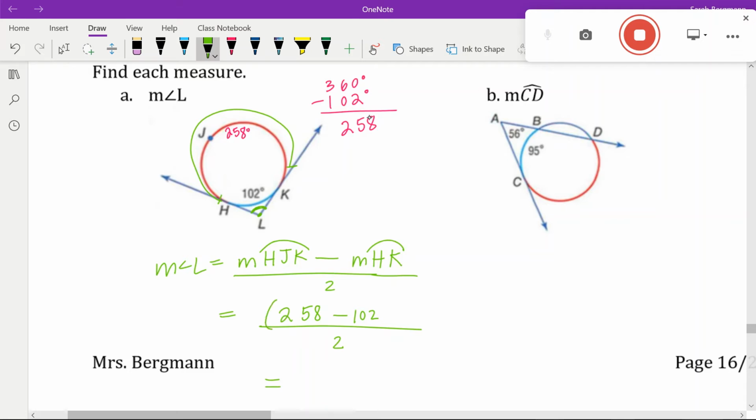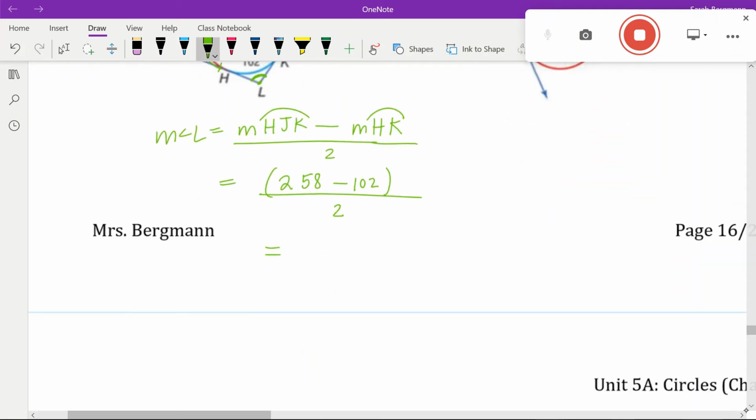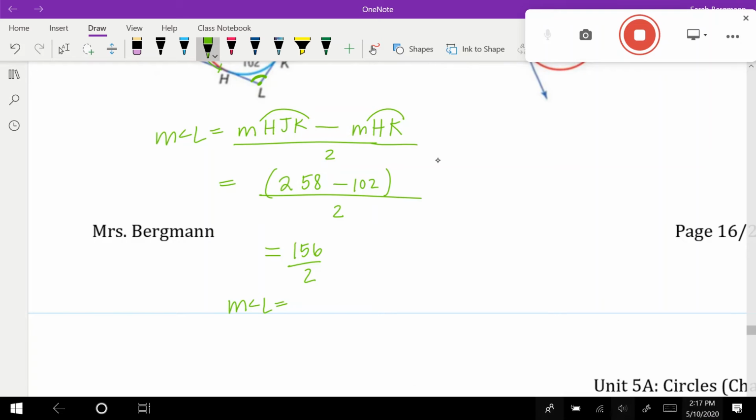Make sure you always do the subtraction first before division. Remember, there's technically a parentheses around the numerator. So we're taking 258 minus 102 first. That gives us 156. And then we divide by 2. So the measure of angle L is equal to 78.